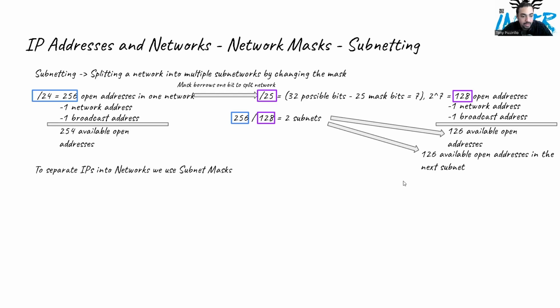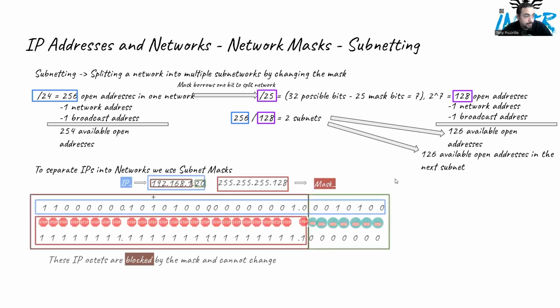So let's take a look at the new /25 subnet mask a little deeper and see how it separates the network. We have our IP and subnet mask, and here we have them written out as 4 octets, right? We've seen this process before with the /24 mask, but now this is /25.